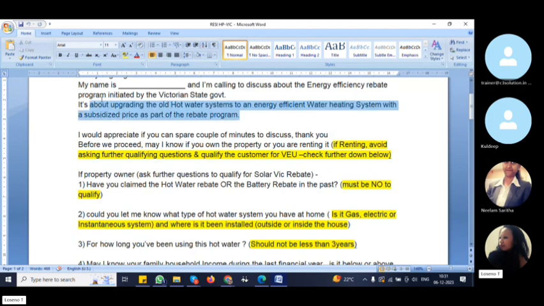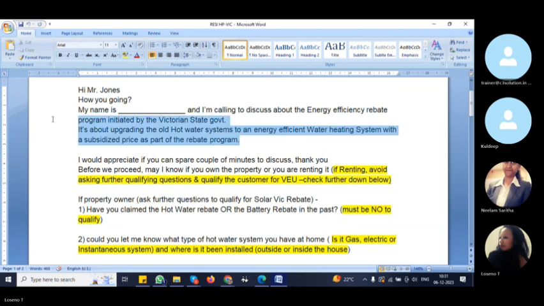All right, so after making them understand why you're calling the customer, this is just an example. You can always prepare your own script, your opening pitch, and depending on the situation and the responses you're getting from the customer, you will have to keep changing your opening pitch, your opening spiel, very often.